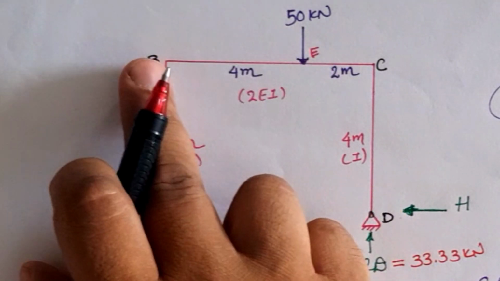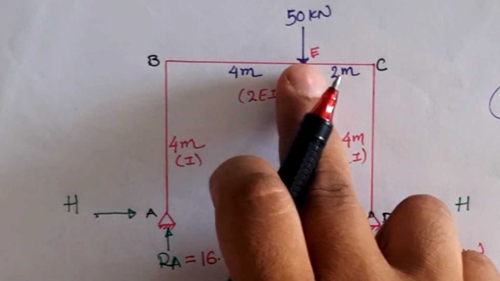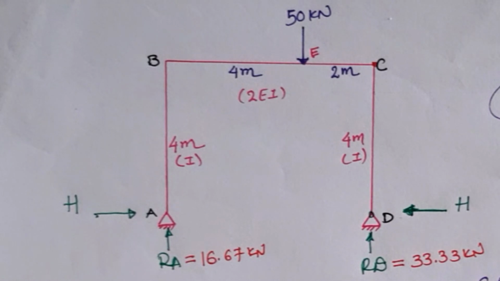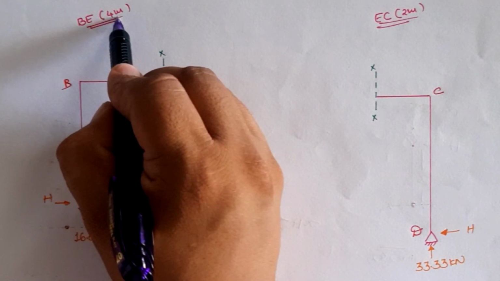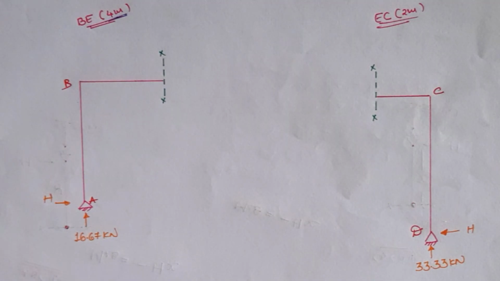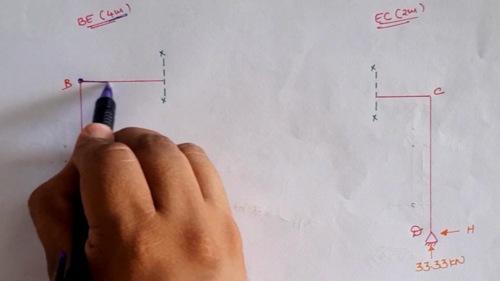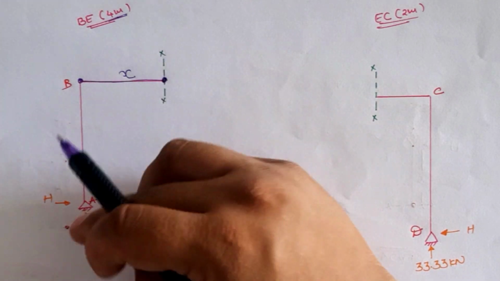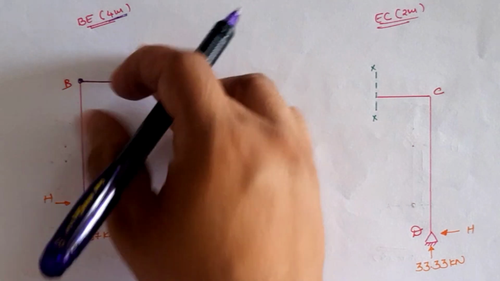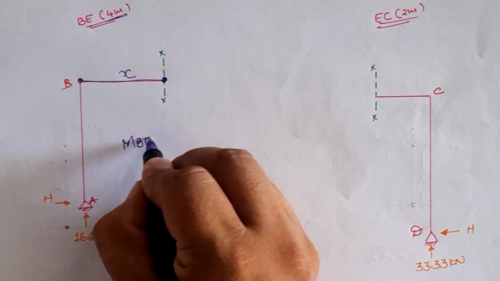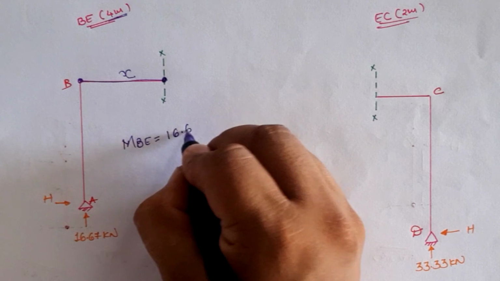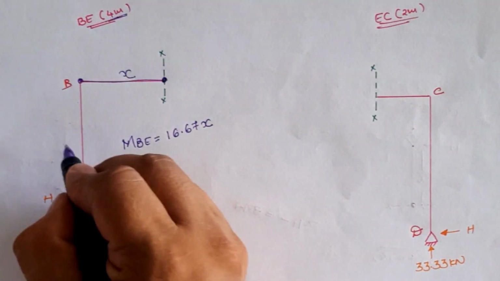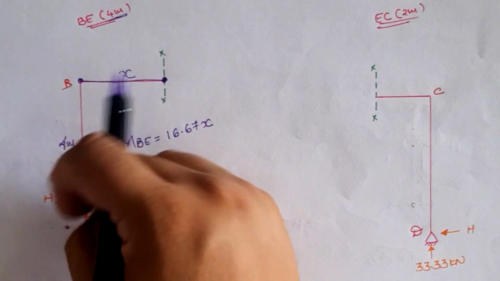For B to E we take the origin at B, and for the E to C segment we take the origin at C. For the B to E segment the total length is 4 meter, and if we take B as origin then the sectional distance is X. Taking the moment at location XX, we have 16.67 into X in clockwise direction, so the moment in the BE segment is 16.67 into X and H into the total height, which is given as 4 meter, so H into 4 in anti-clockwise direction.